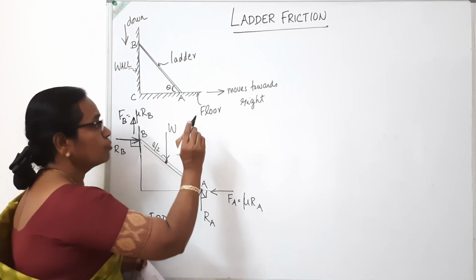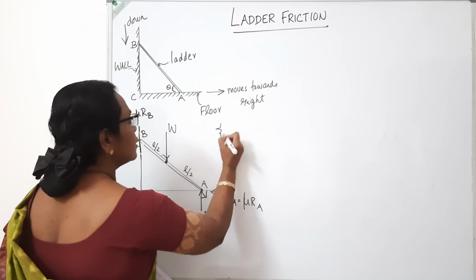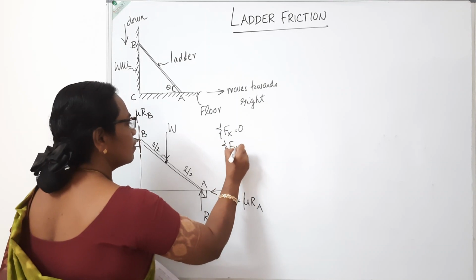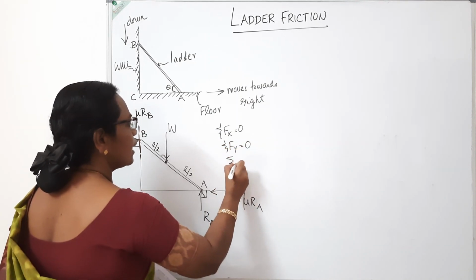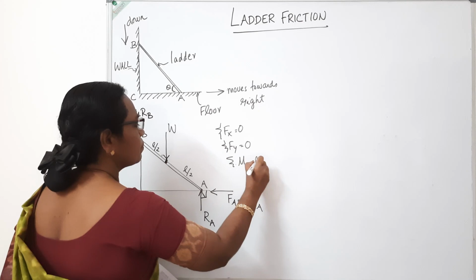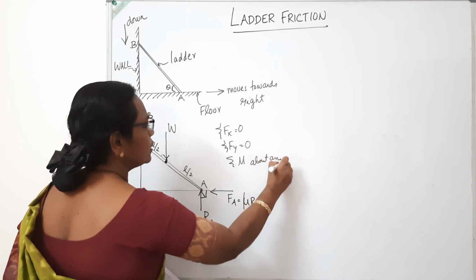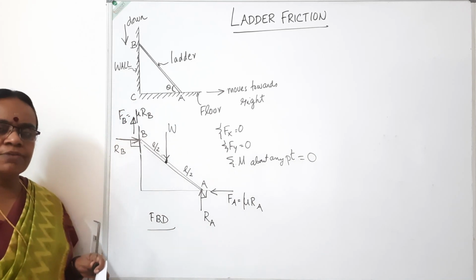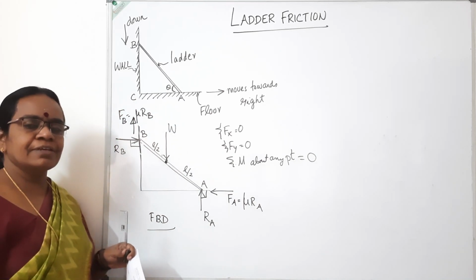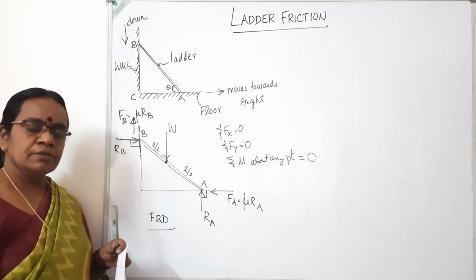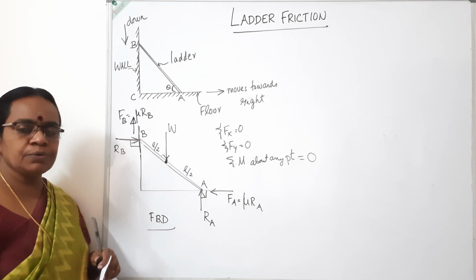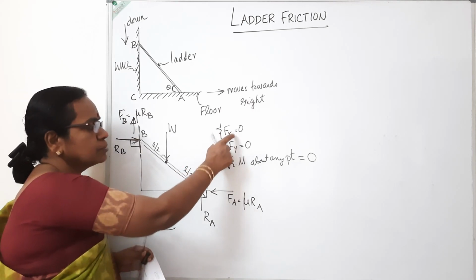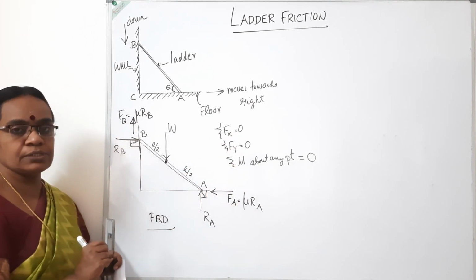Here we have to make use of three equations: sigma Fx equal to 0, sigma Fy equal to 0, and sigma M about any point equal to 0. In the case of wedge as well as single body cases, we use only sigma Fx 0 and sigma Fy 0. But in the analysis of ladder friction, we may have to use the three equilibrium equations.